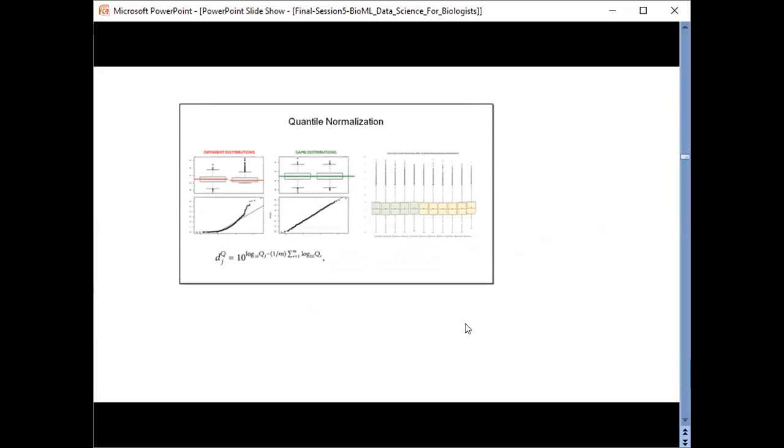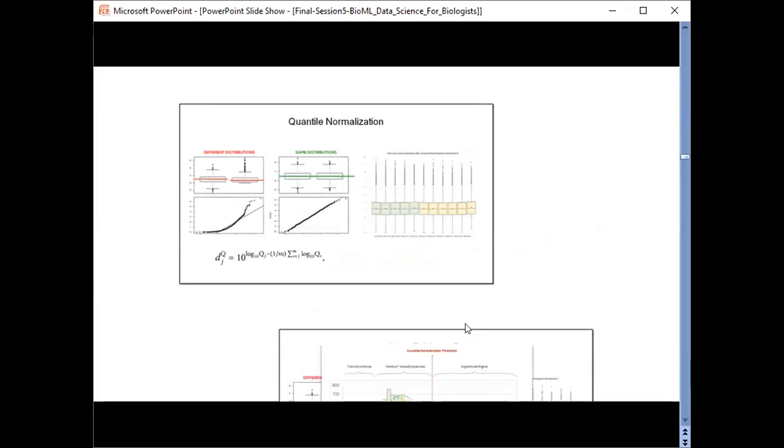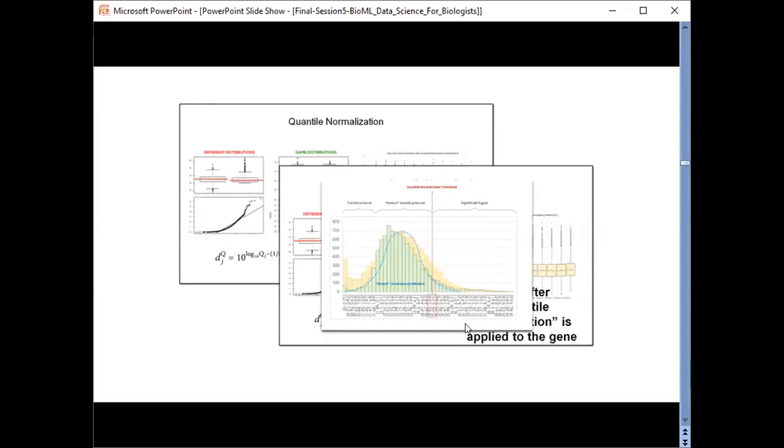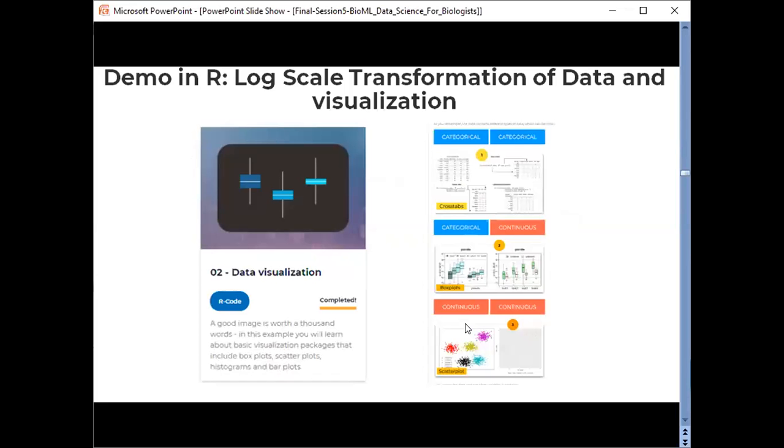Then we also learned about the quantile normalization method, and how these normalization techniques affect data and make data more normally distributed. Then we also demonstrated how we can manipulate our data, perform log scale transformation and visualize our data in R.